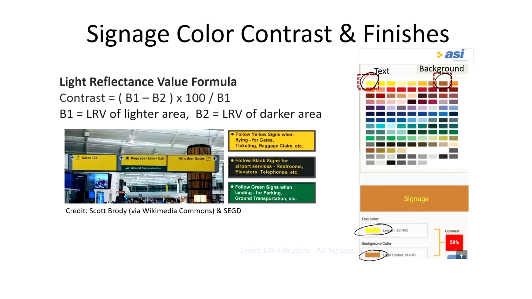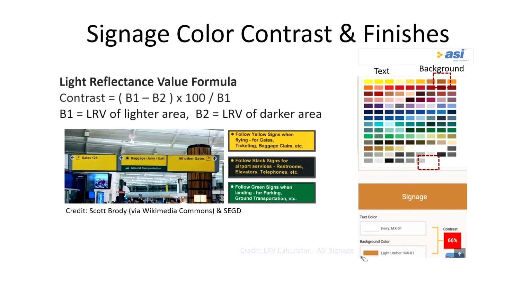Let's take another example where we are using the white color, which is this one, for the text, and brown as a background. You can see here the ivory as well as the brown. So, again the contrast is coming to 66%.